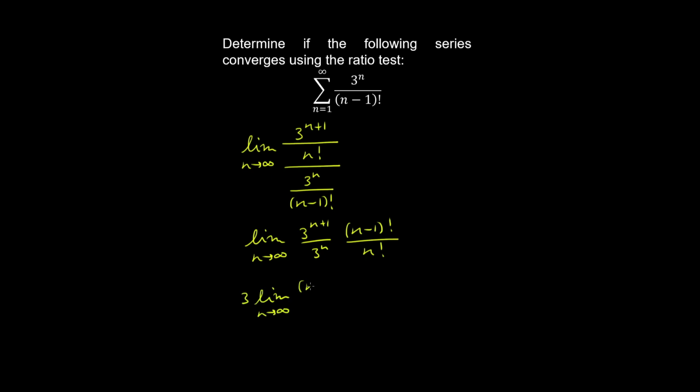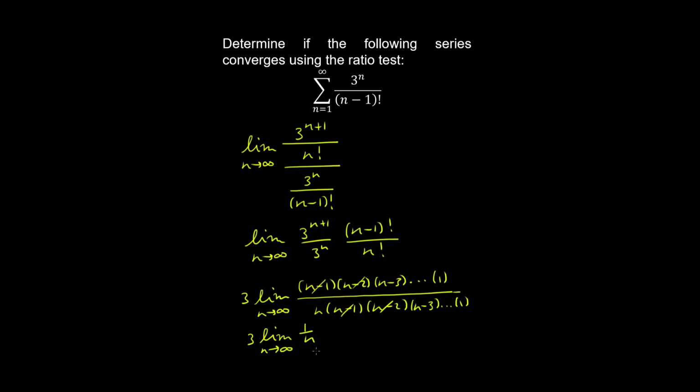And n minus 1 factorial can be expanded as follows. And similarly, n factorial can be expanded as follows. So we can see that all the terms cancel, except for n. So we can rewrite this limit as follows. And therefore this evaluates to 0. So because we obtain rho equals 0, which is less than 1, then this series converges by the ratio test.